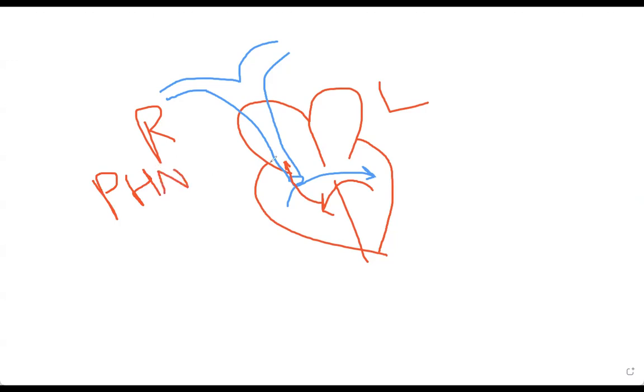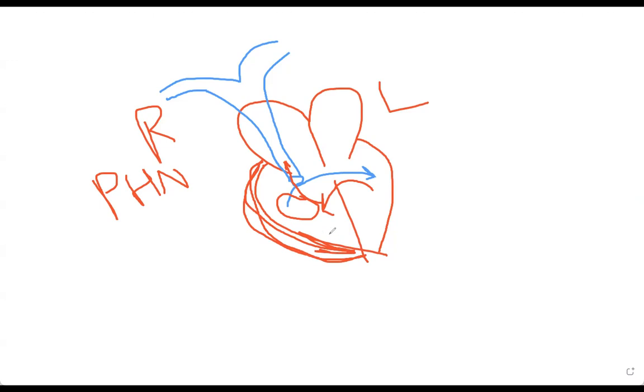Because of the hypertension, more of the blood will stay here because it cannot enter this. There is force also, so there can be a chance of TR. What is happening is this right ventricle is working more, becoming big, to push the blood against the pressure in the pulmonary artery.